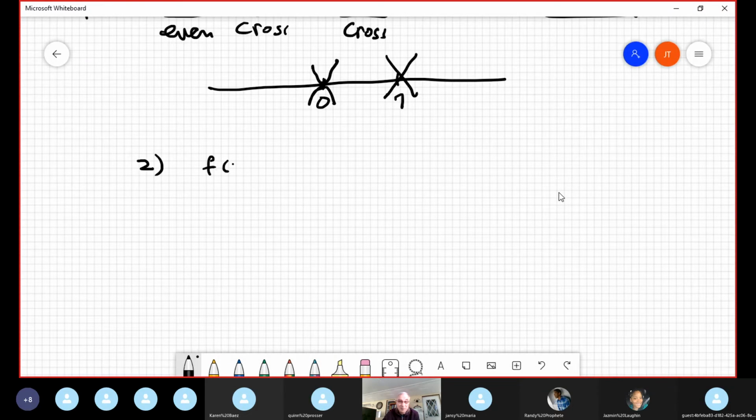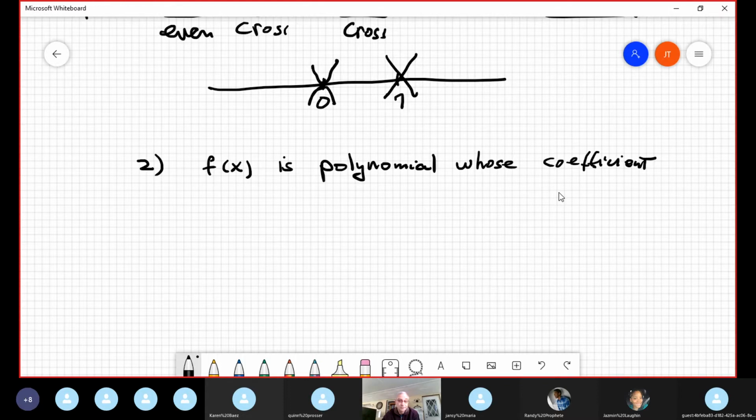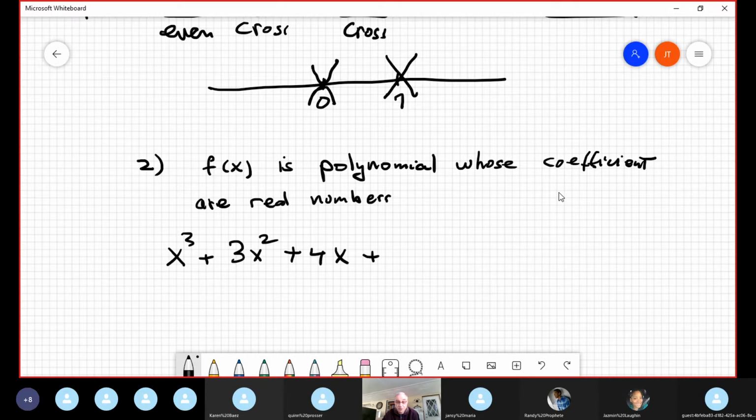The second idea, in my opinion, is super important. Suppose que f of x again is a polynomial, but I've introduced a restriction whose coefficients are real numbers. O sea, when I talk about, suppose, x cubed plus 3x plus 4x squared plus 5.